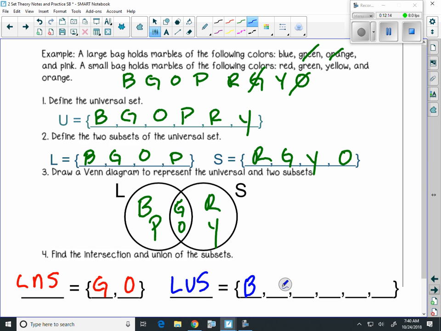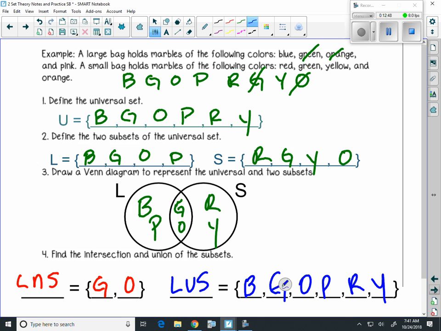So this should match the universal set. Okay, any questions for me?